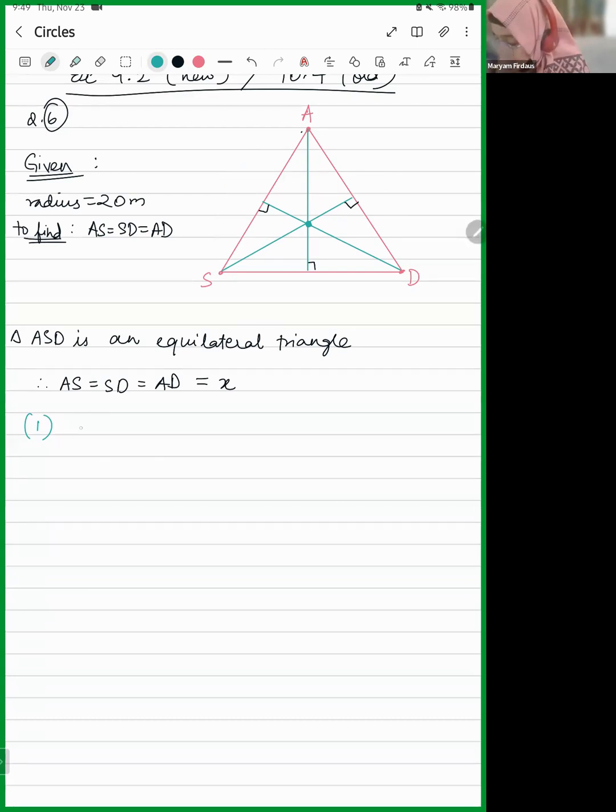So, centroid, point of intersection of altitudes. This is called the centroid.